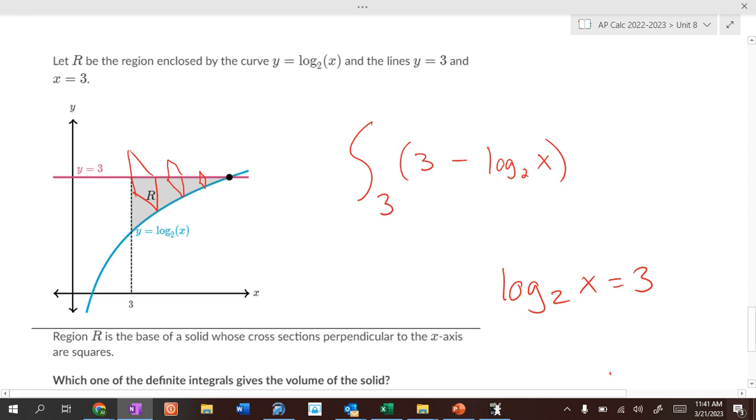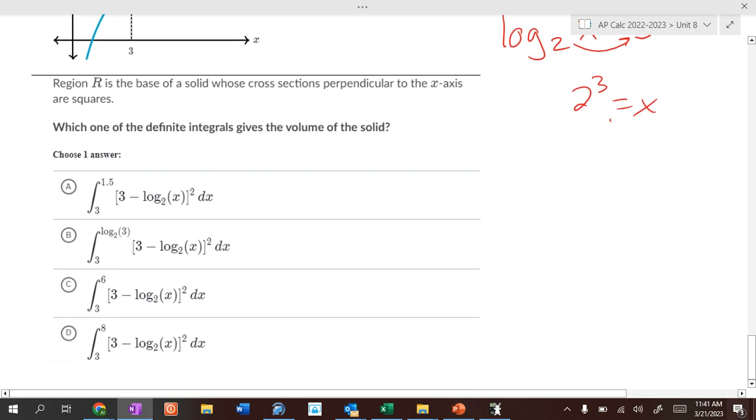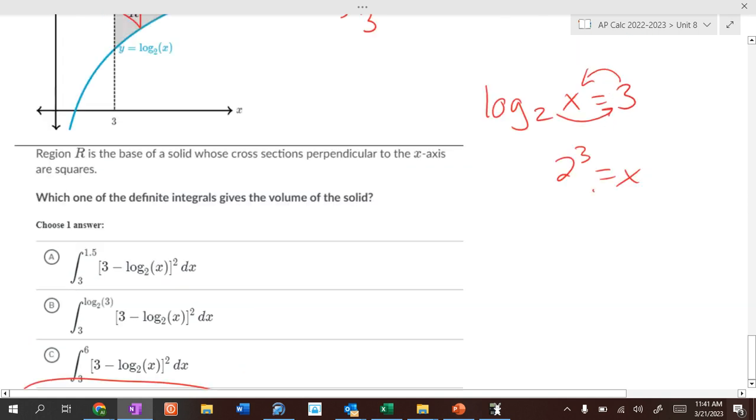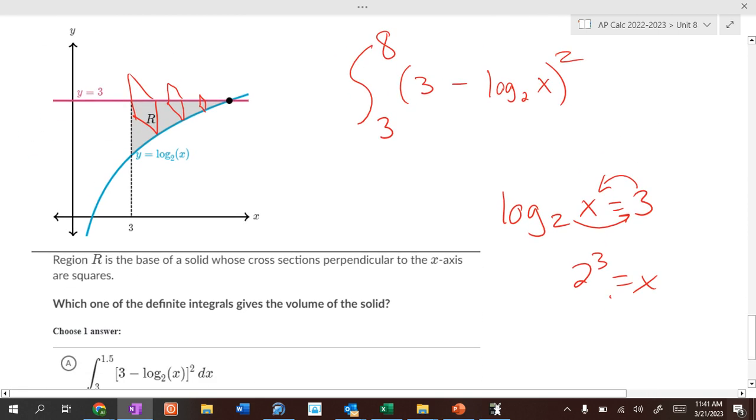Do you remember logarithms? This to this power equals this. 2 to the third equals x, right? So what's 2 to the third? 8. Three minus log base 2 of x squared, because it's a square.